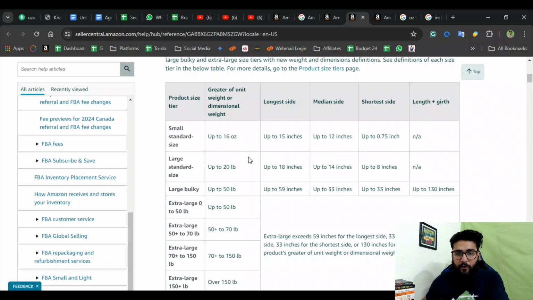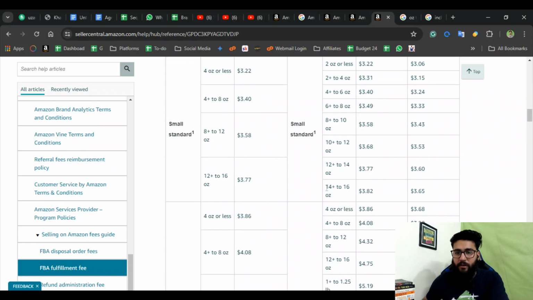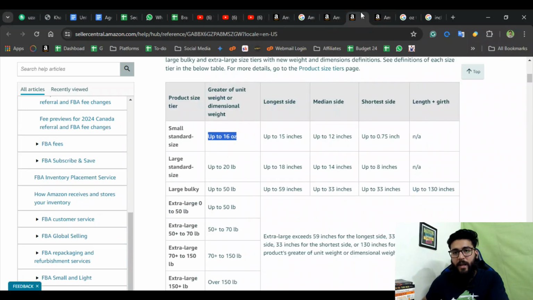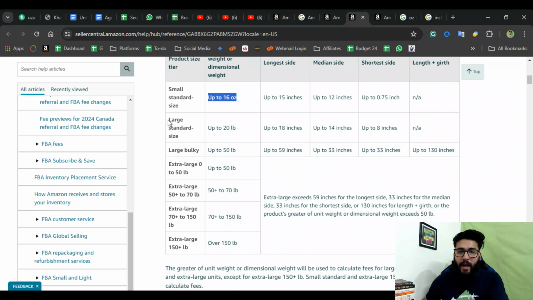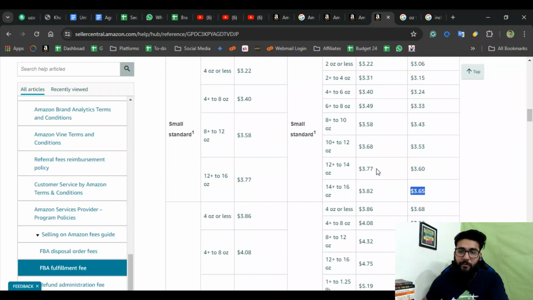If our product lies into the small standard size and our weight is 16 ounces or 1 pound, what will be our FBA fee? And yeah, I think this one. Our FBA fee will be $3.65. Okay, but if our product lies under the large standard size and our weight is 16 ounces, how much FBA fee will Amazon be charging from us?